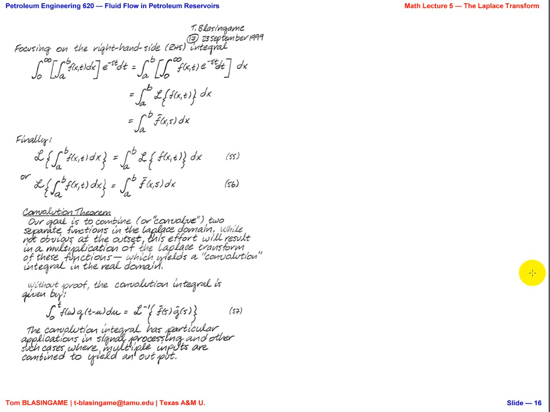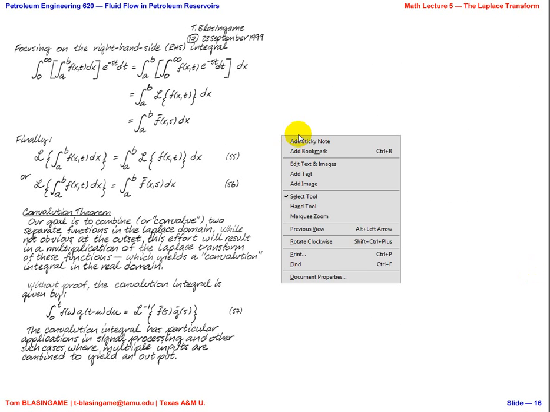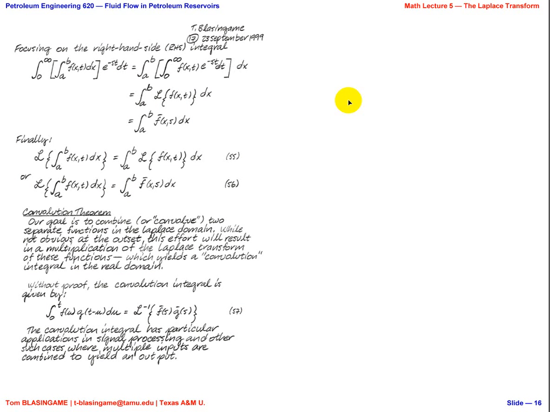So because you have the Laplace transform of the integral of f(τ) g(t minus τ) dτ is equal to the product of the transforms. Okay, so that's basically what it is saying.